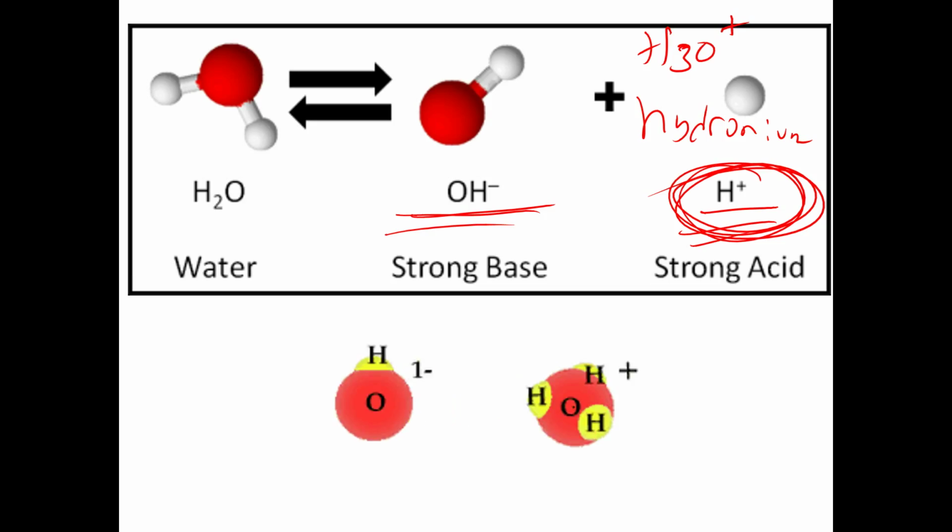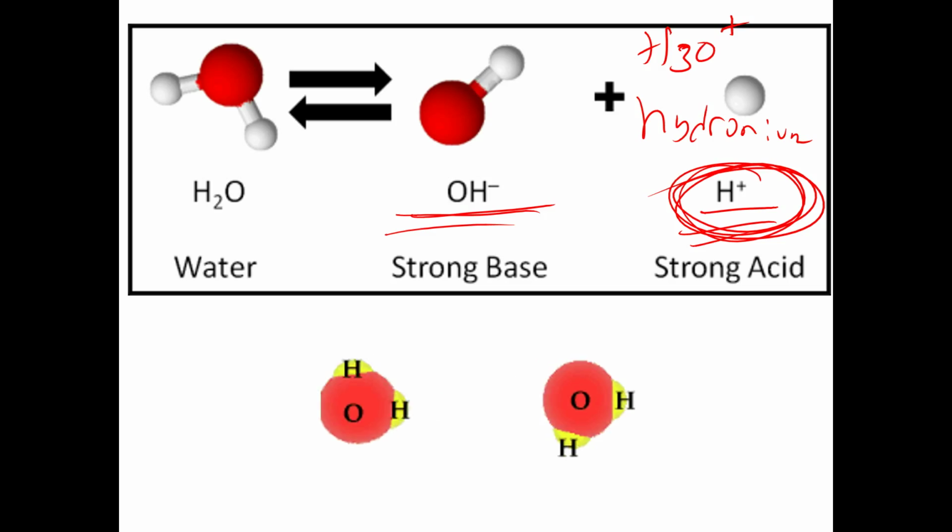So you have your acid H plus, and you have your base OH minus. Two water molecules can basically, you have one molecule that donates a hydrogen, and one molecule that receives it. In this case, one water molecule can give up a hydrogen atom, so it gets a negative charge, and another water molecule that accepts this hydrogen gets a positive charge.